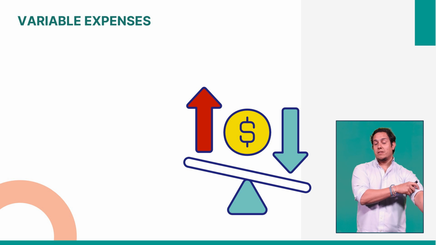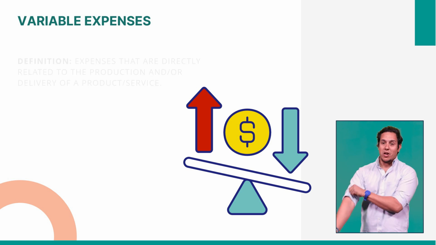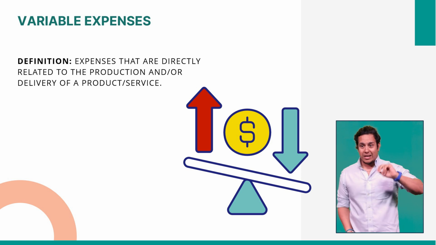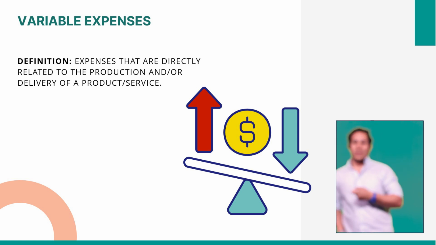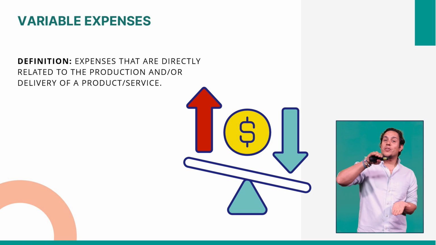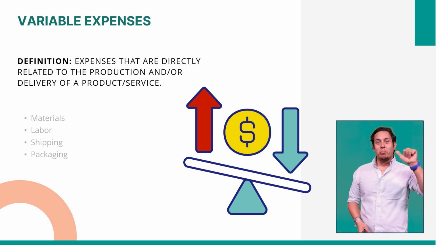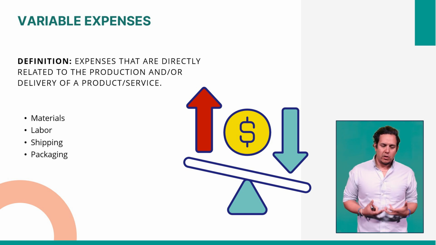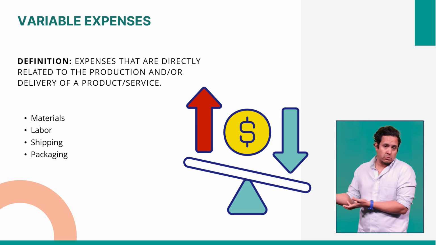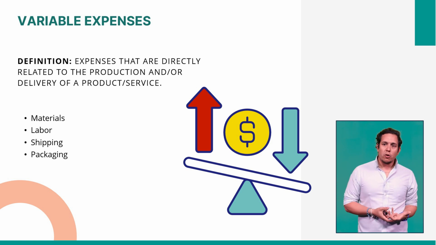Variable. This is the other type of expense that a business may incur. These are expenses that are directly related to the production and or delivery of a product or service. They're directly tied. Examples: materials. The materials that we utilize as inputs to produce our final good are variable expenses.